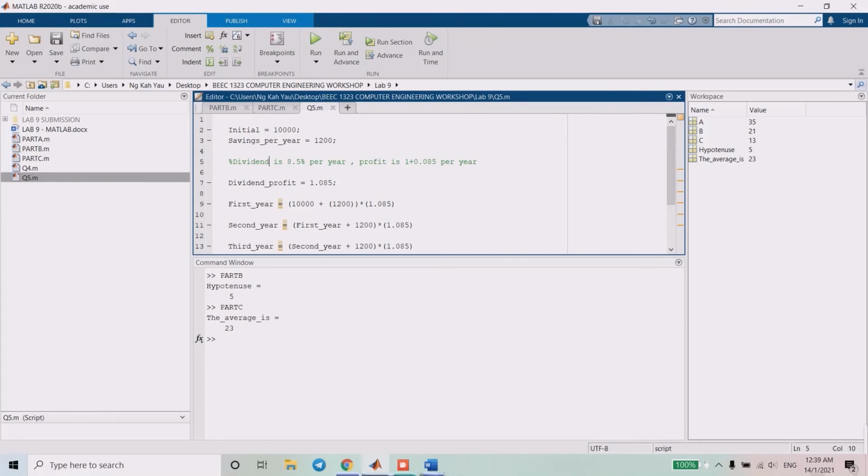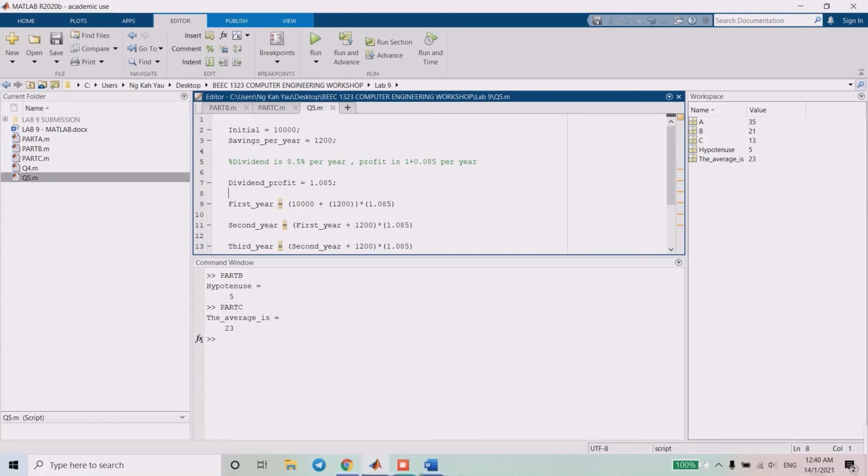Savings per year is 100 per month times 12 months, 1,200. And every year there is a dividend of 8.5% per year. Profit means increase, so you have to add 100%: 1 plus 0.085 per year, which is your increment.